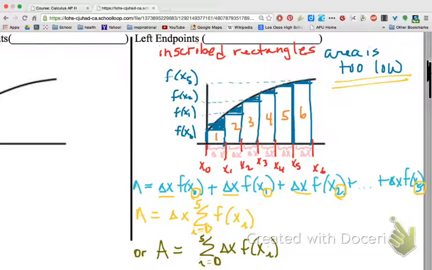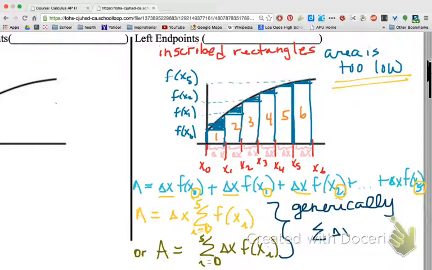The other one's going to give me an answer that's a little bit too big. Now, one more thing I'd like to add. If I were to do this generically, let's say I didn't know how many rectangles I needed to go out. So on this one, I would still have that delta x, because they'd all be the same width, whatever that was, and I'd be going to f of x sub i.